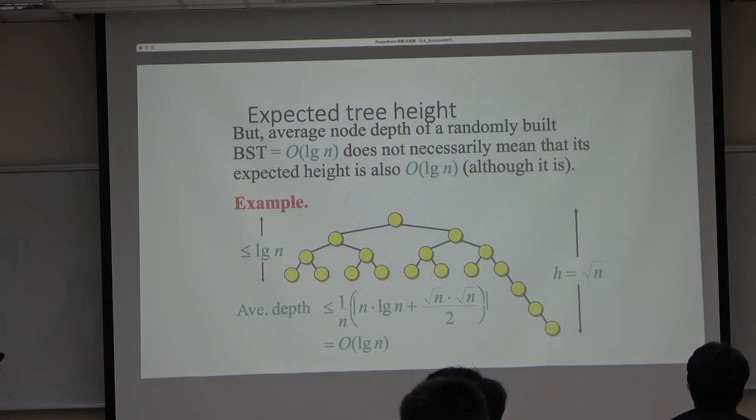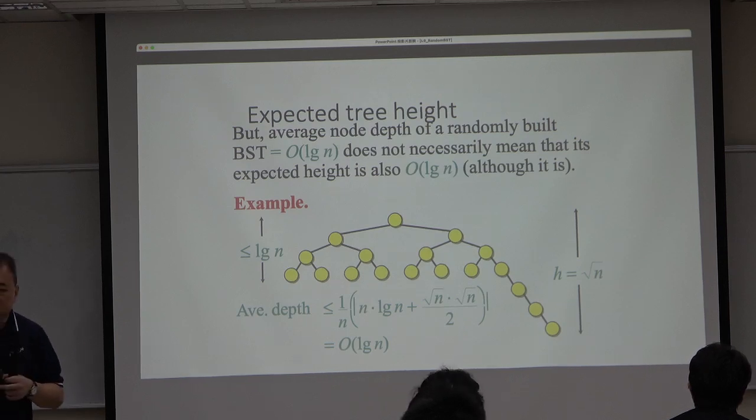And then, how about the average? We know from the previous analysis that the average node depth is big O log n. So it's nice, but it doesn't necessarily mean that the height of the tree is big O log n.